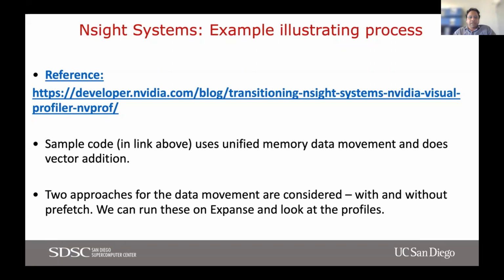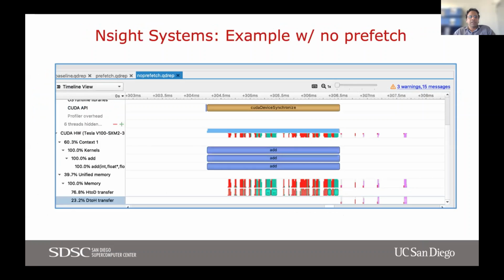I think Andy mentioned in one of the slides that that's where you can have the unified memory, so that's what they're using here. They used two different approaches for the data movement: one case without prefetching the data and one with prefetching the data. So we can run these on Expanse and look at the profile.